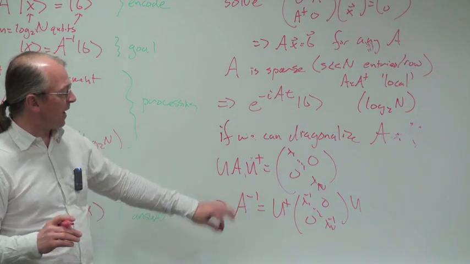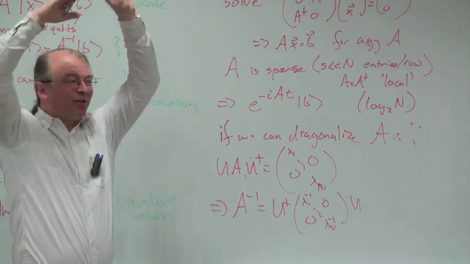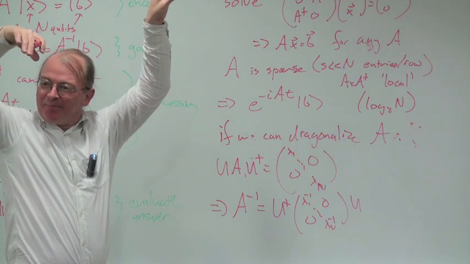I'm sorry if you can't see that in the back. Anyway, you just get the eigenvalues, you invert them, and that gives you the inverse matrix.